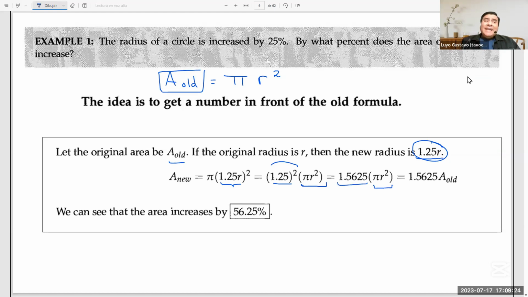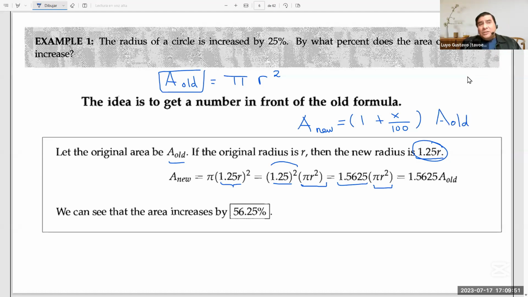So the new area is 1.5625 times the old area. What does this represent in percent? Remember that what we want to know is the value of x here. The new area will be 1 plus x over 100 times the old area.